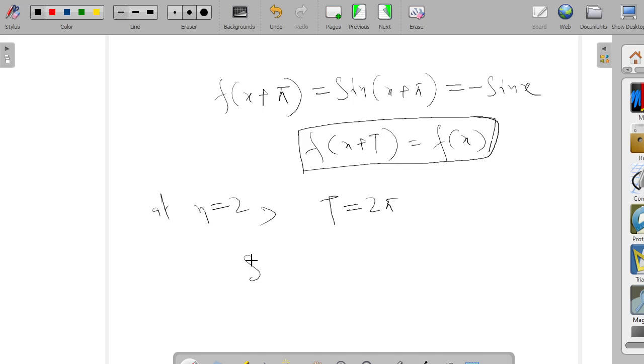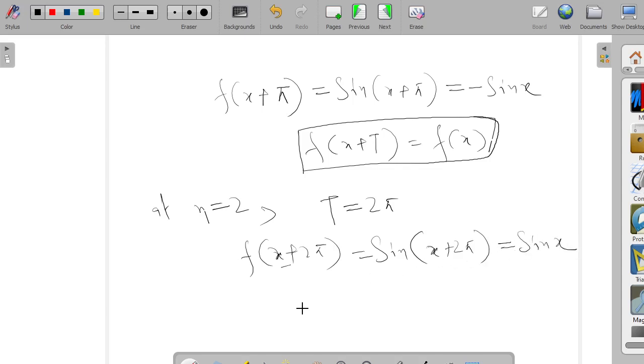So f of x plus 2 pi equals sine of x plus 2 pi, and this gives us sin x once again.